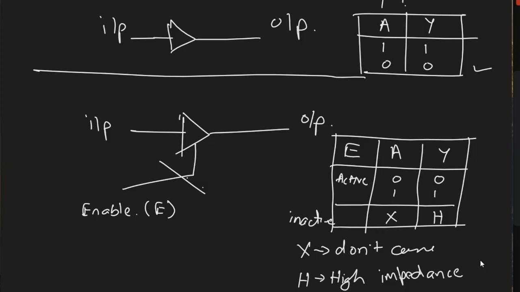High impedance says that there is no contact between input and output. When I say there is no contact, it means virtually input and output are not connected. Remember, this is only virtually.